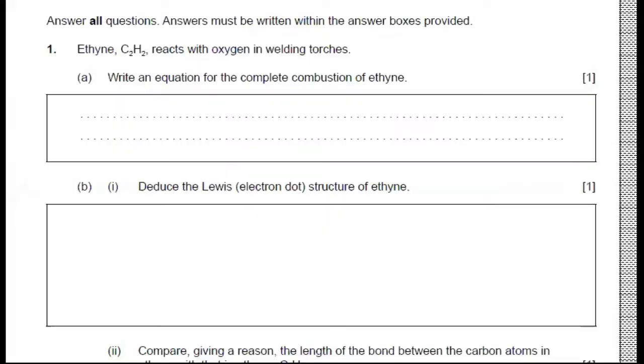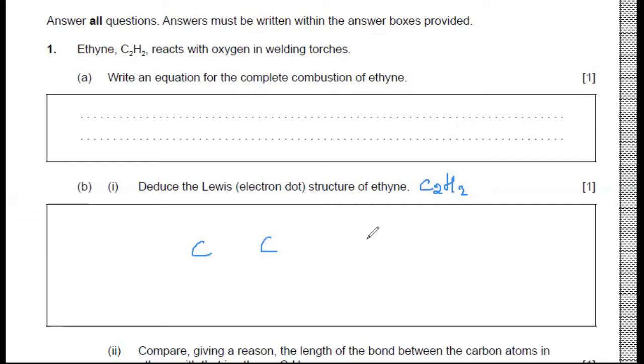Deduce the Lewis dot structure of ethyne. In order to draw the Lewis dot structure for ethyne, it is C2H2. So there are two carbon atoms, carbon 1, carbon 2. Now let's see what is the electronic configuration of carbon. Carbon is atomic number 6, so it has an electronic configuration of 1s2, 2s2, 2p2.